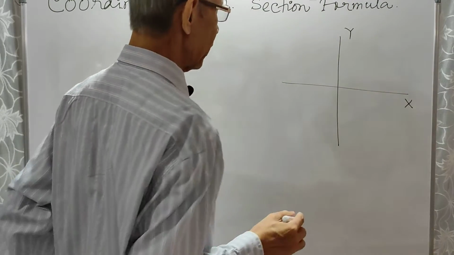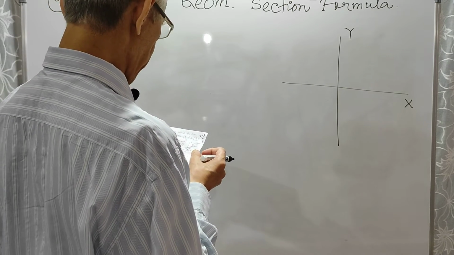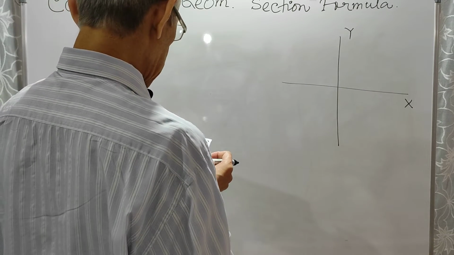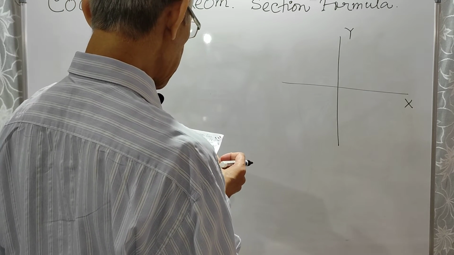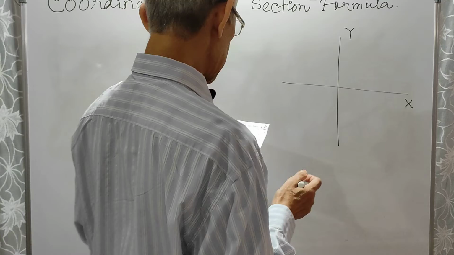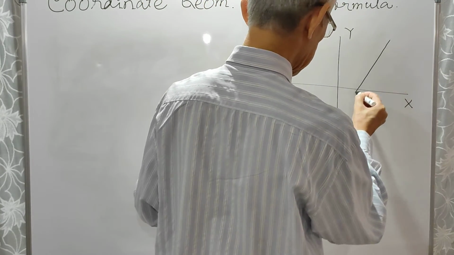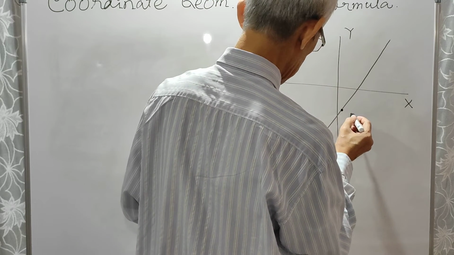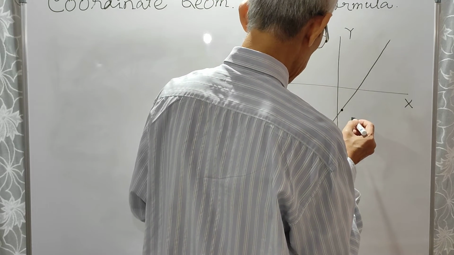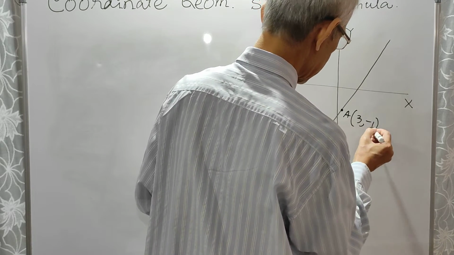So this is the picture. So the 2 points are 3 minus 1, 3. This is the straight line. Okay, this point is A, 3 minus 1.